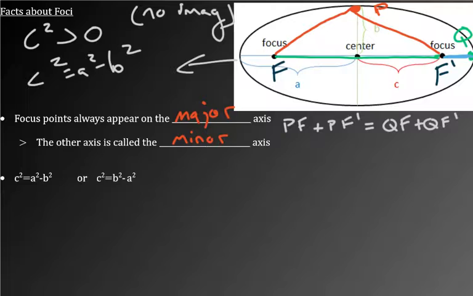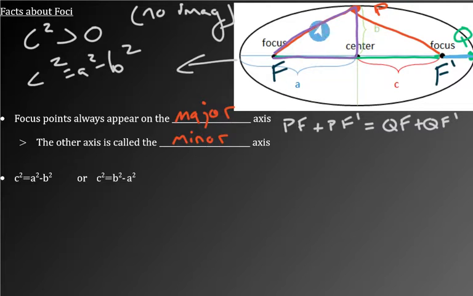So let's use normal Pythagorean Theorem stuff and start filling some things in. PF is part of a triangle, right? Let's do this in, what color have I not used? Purple. So there's a triangle right here, and we can get PF in that triangle, because we know this is c, we know this is b.